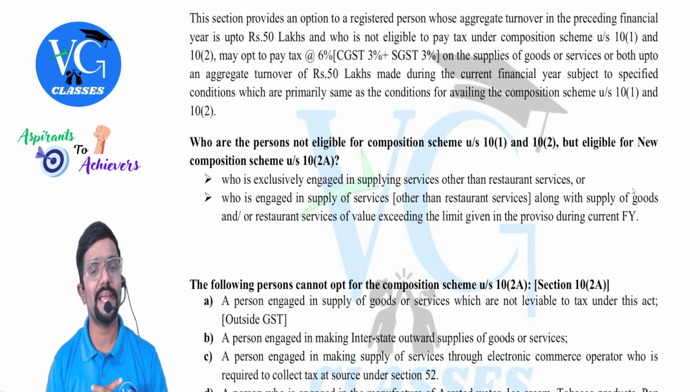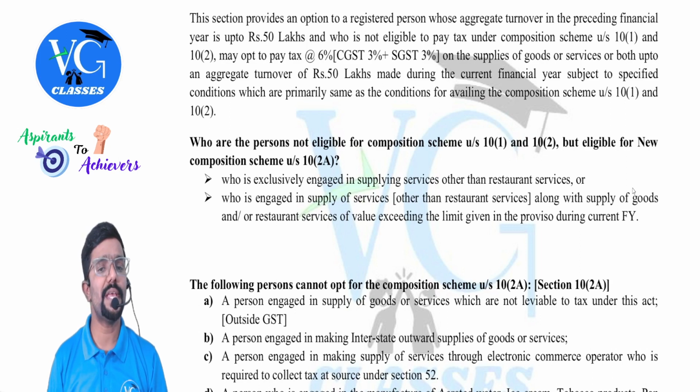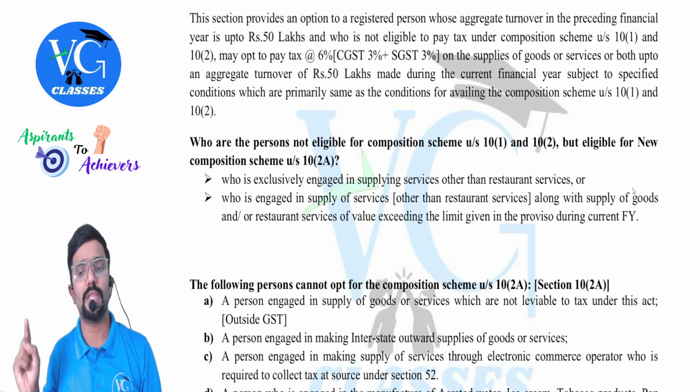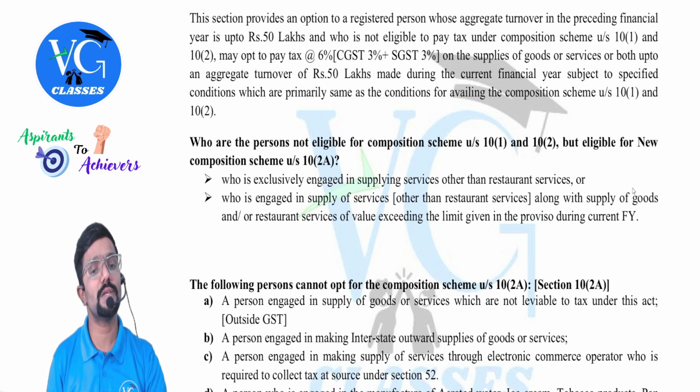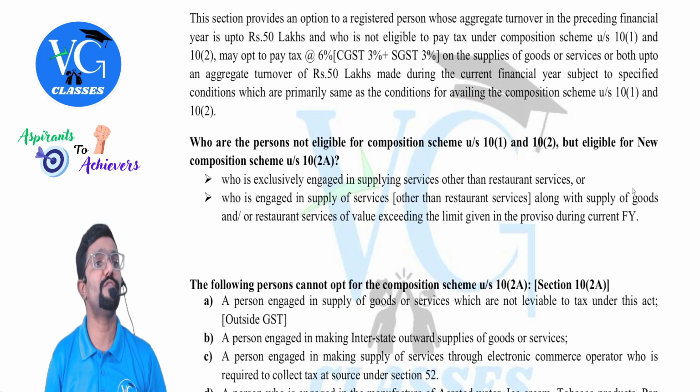One who is exclusively engaged in supplying services other than restaurant service, like, as I told you, consultancy, auditing, legal services, or who is engaged in the supply of services other than restaurant, along with supply of goods and/or restaurant service, of value exceeding the limit given in the proviso during the financial year.